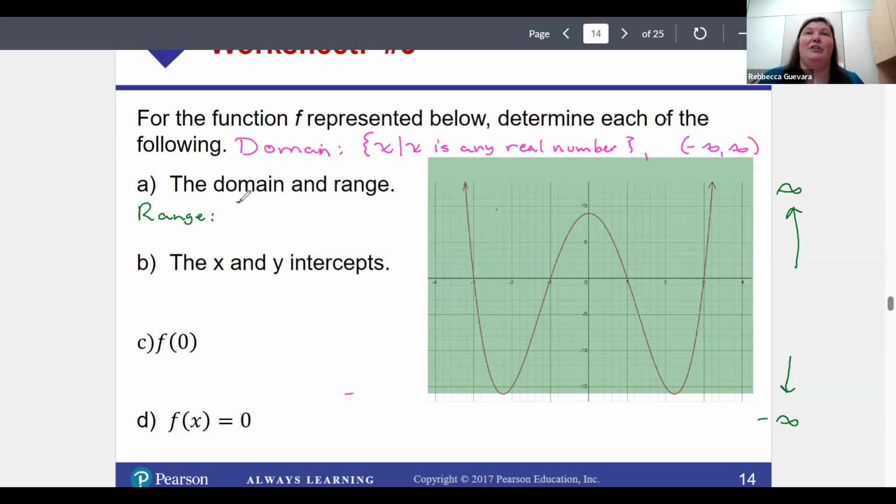So my range here would be y such that y has to be greater than or equal to negative 16 down here. If we were to use the interval notation, at the least, y is negative 16. At most, it's just approaching infinity.